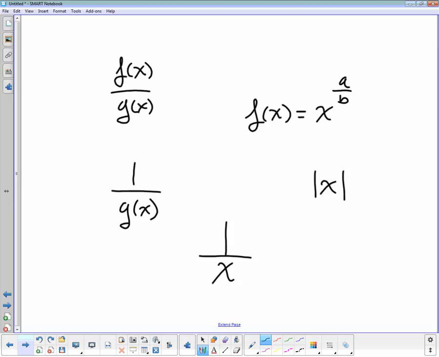But if I cared about the interval from 2 to 5, it would be fine. We could do that. That's no problem. From 2 to 5, sure, it's continuous between 2 and 5. So you're going to have to pay attention to where the possible zeros and holes and discontinuities exist. Okay? All right.